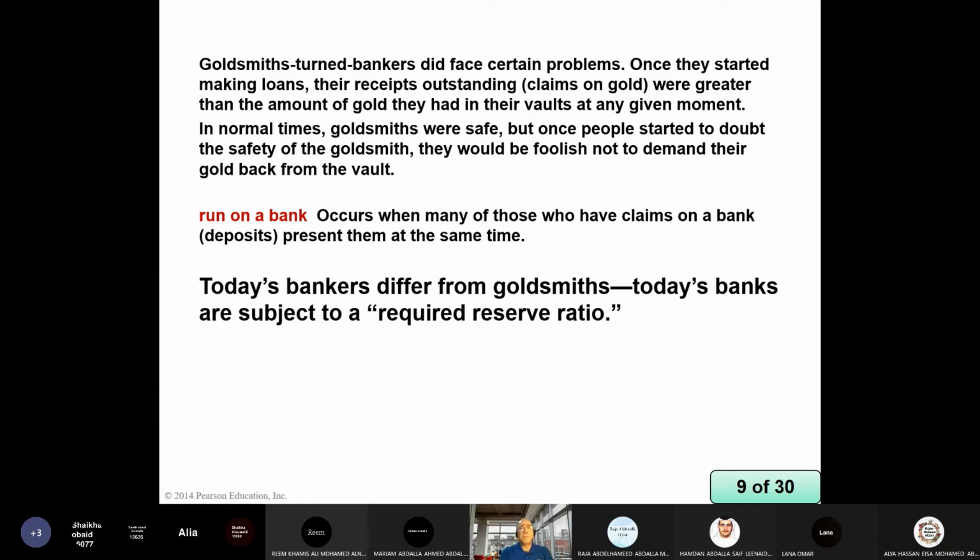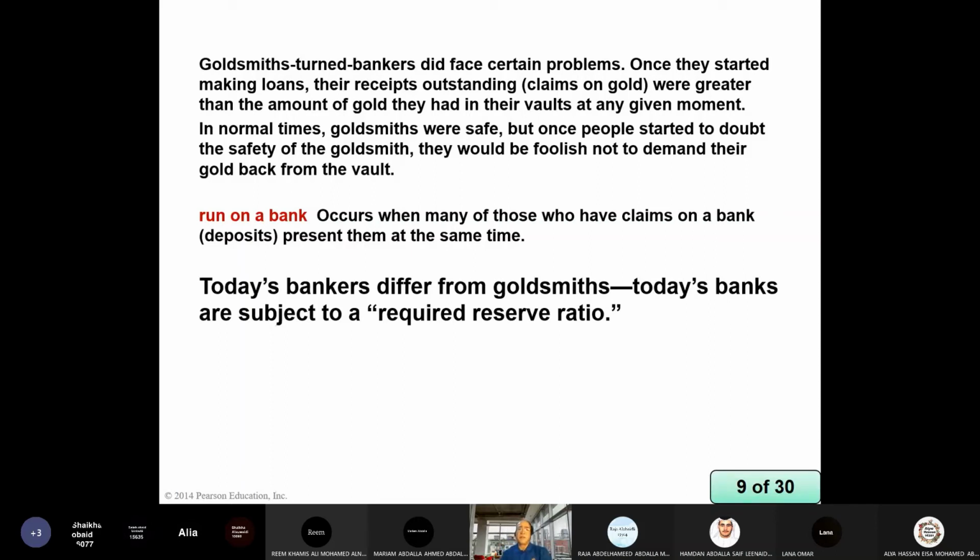Reem. Today's bankers differ from goldsmiths. Today's banks are subject to a required reserve ratio. Okay, so according to the regulations set by the central bank, the commercial bank should keep a reserve ratio for their deposits.